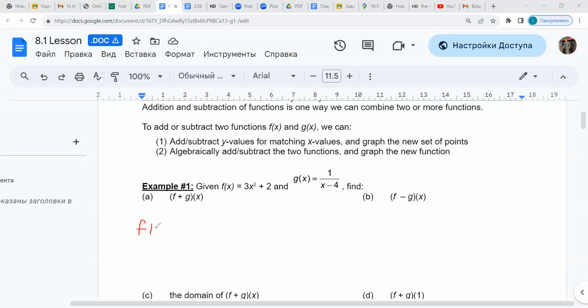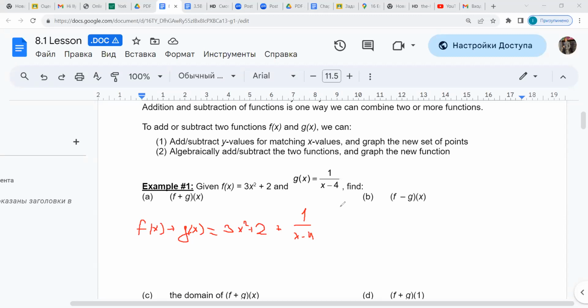Basically what we're doing is f of x plus g of x would give us the following result. We rewrite f of x as we have it here, 3x squared plus 2, plus 1 over x minus 4.